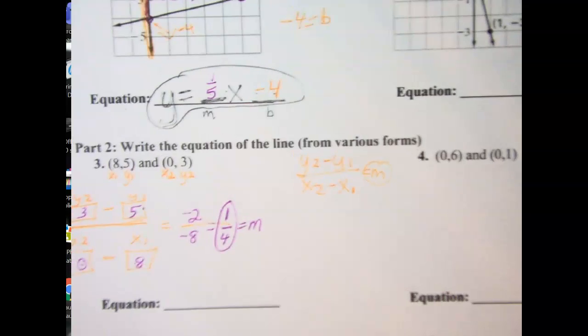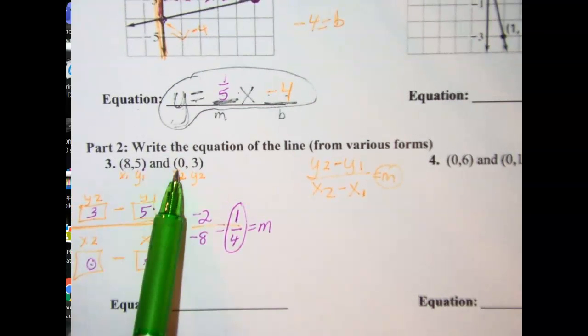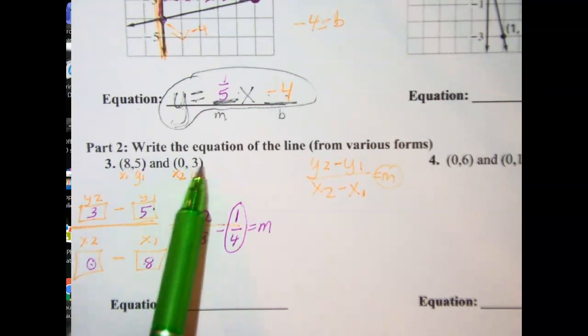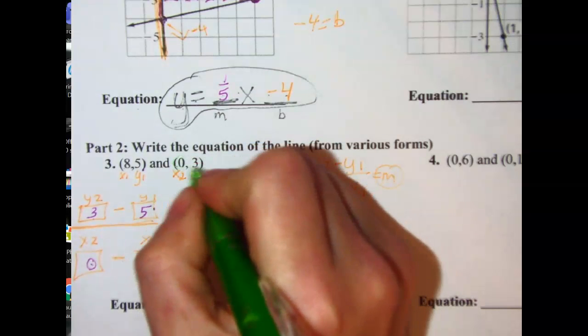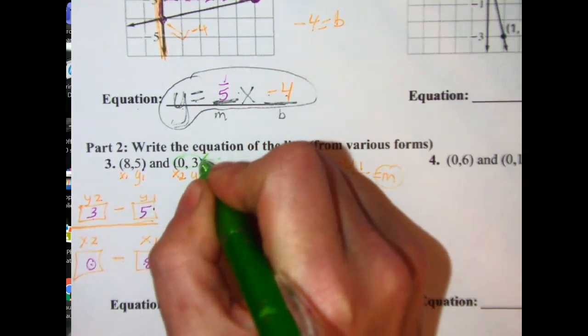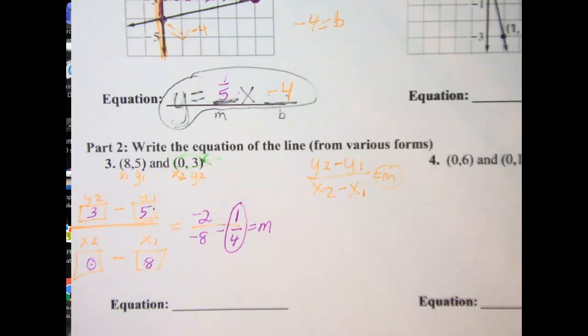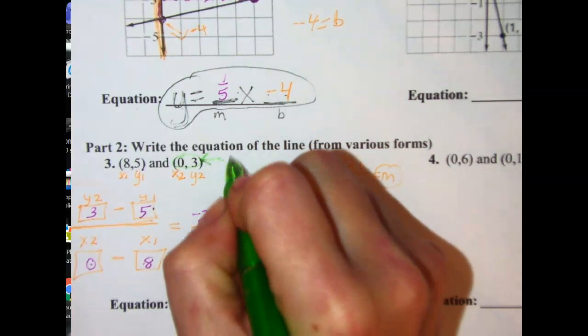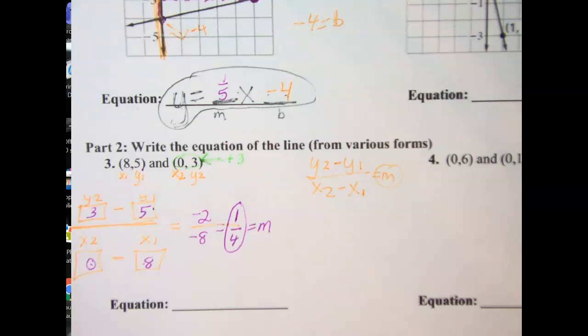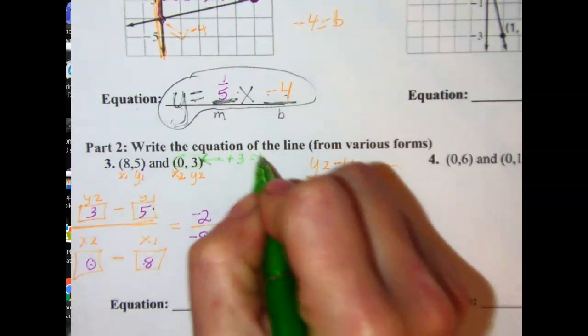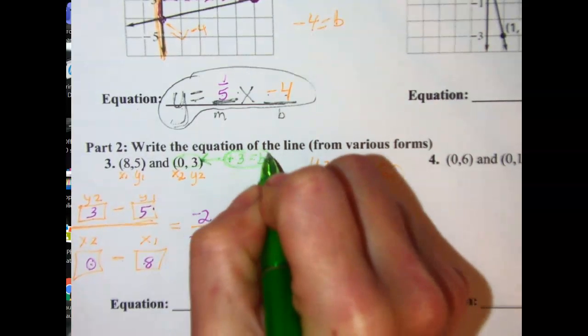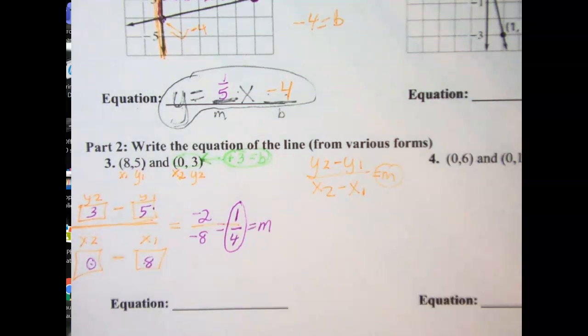So if I look at this, one of my ordered pairs is actually 0 comma something. This tells me my b is next to that 0. So my b is actually a +3. So I'm just going to label that +3 equals b. And it matters if it's positive or negative because that's where you find out if it's going to be plus or minus. So now I have my b and my m.